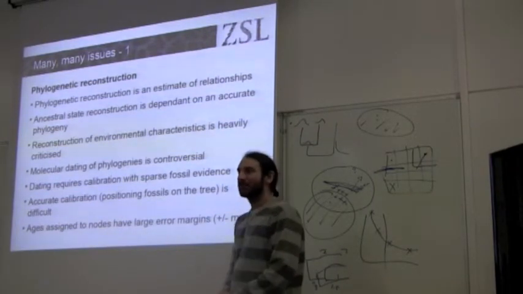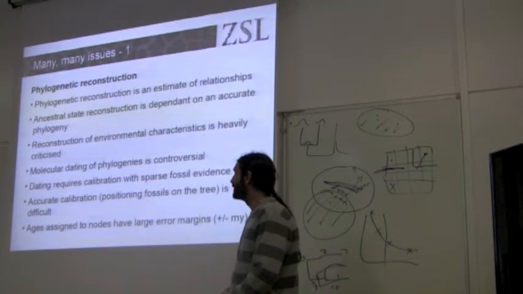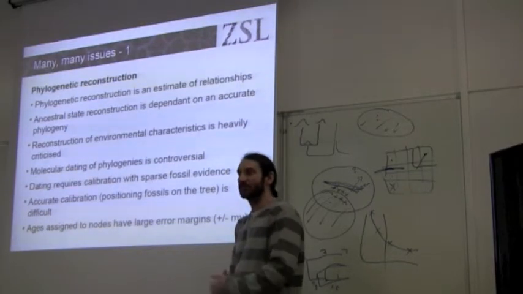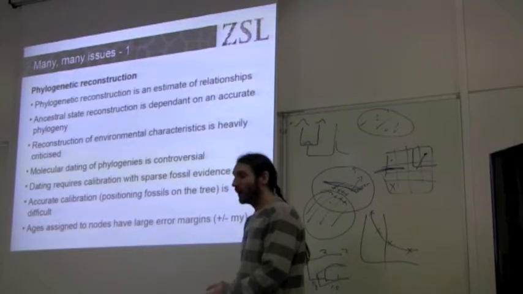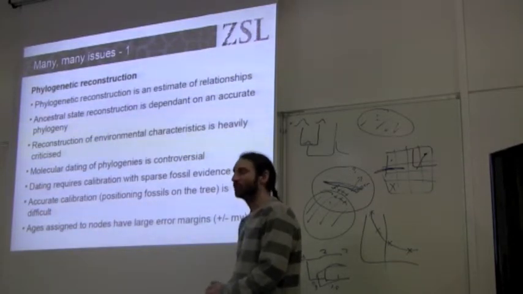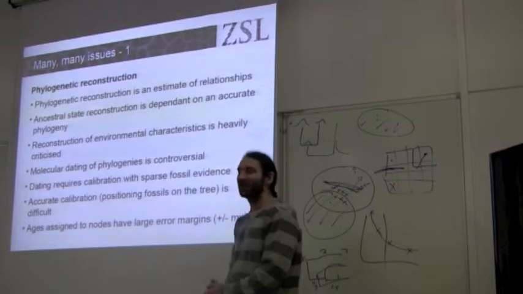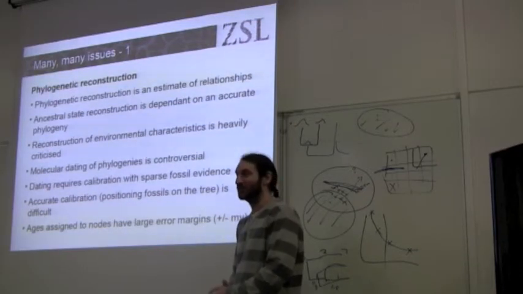Some people completely disagree with reconstructing environmental characteristics of species on phylogenies. Also, the same people tend not to like dating of phylogenies.